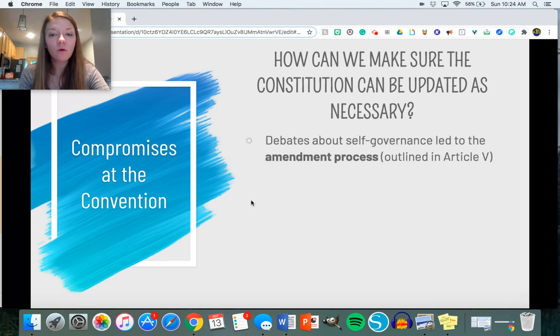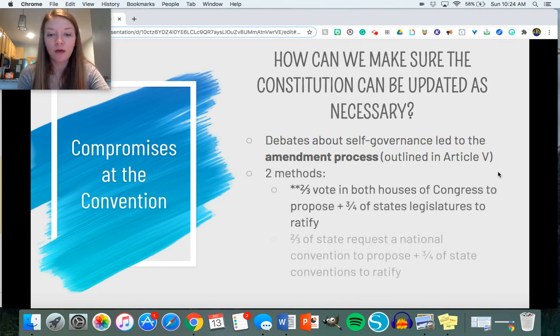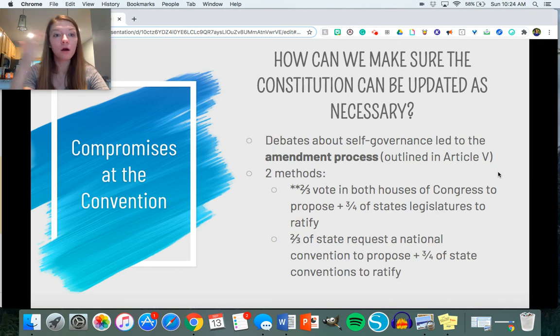And the answer was the amendment process that is outlined in Article 5 of the Constitution. And there are two ways to do this. And we'll talk about this even more in later units. But basically, 2/3 in both houses of Congress can propose an amendment. So 2/3 of the Senate, 2/3 of the House of Representatives can put forward an idea to amend.